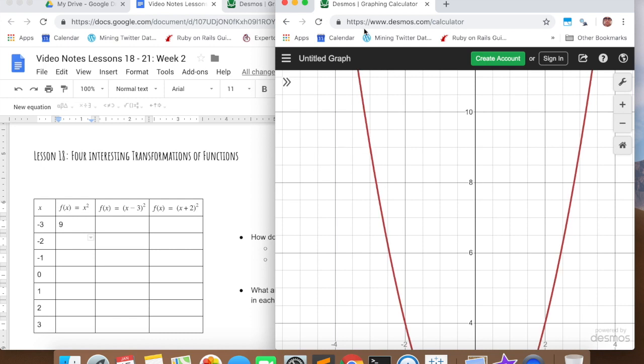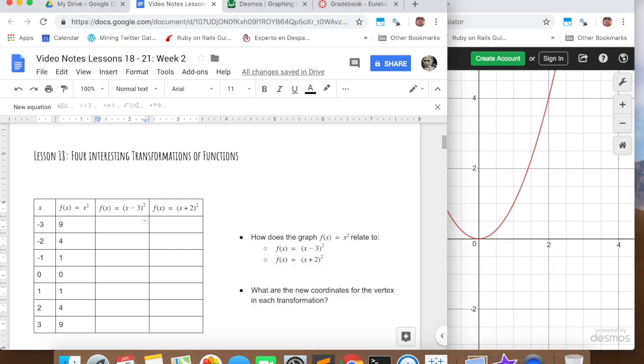So for x is -3, there I see that my -3 value is at 9. Perfect. Now, I want to know what happens if I subtract 3 from x before I square it. There's a huge difference in subtracting before you square it as opposed to after you square it. So let's go ahead and do it. Let's plug it in. -3, which is your original x, let's subtract 3 from it, and that gives you -6, and then let's square it, and we get a positive 36.